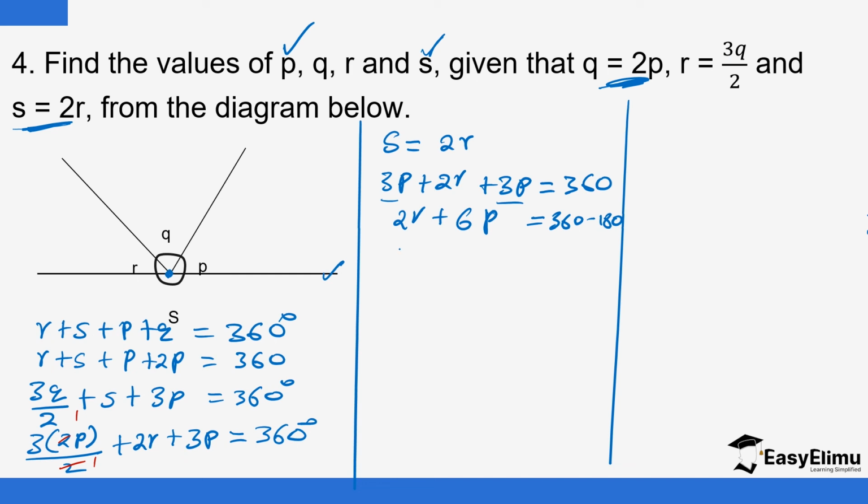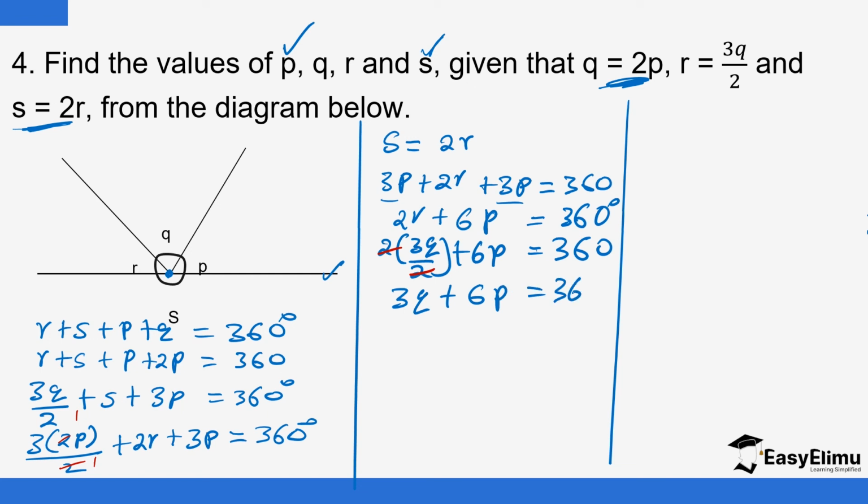So we have 2 into 3Q over 2 plus 6P. So this is still 360 degrees. Again, the 2 cancels, and so you have 3Q plus 6P is equal to 360.